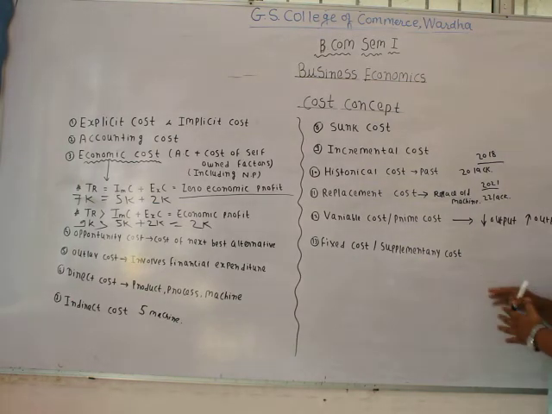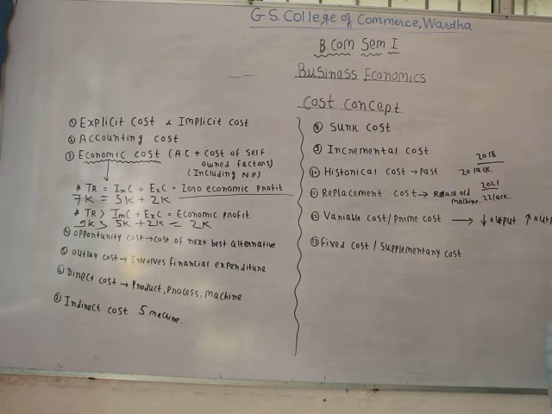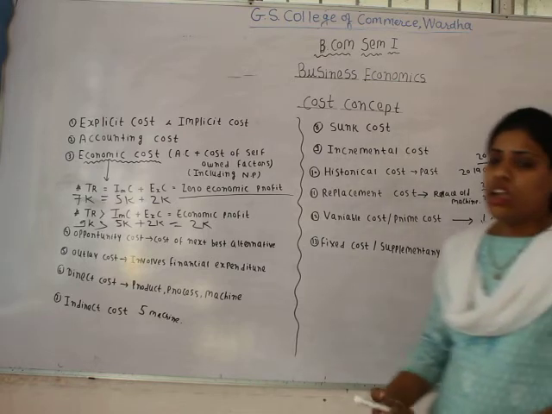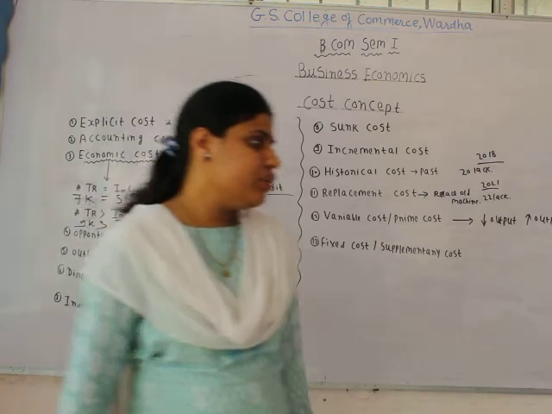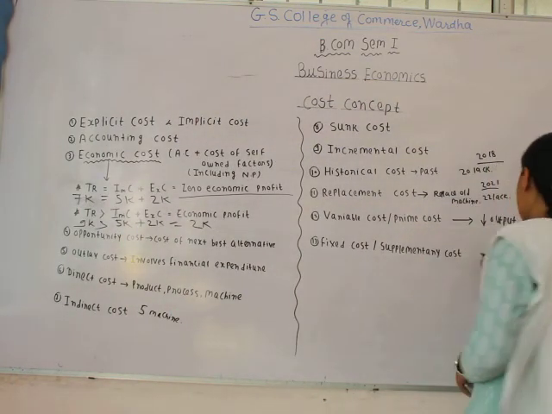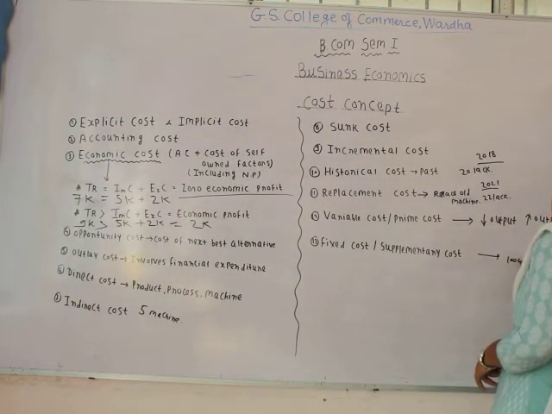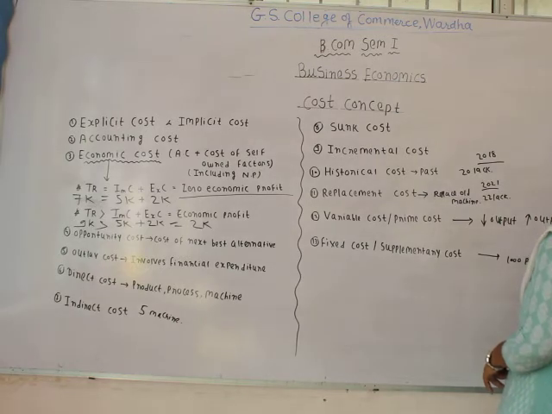When we are talking about fixed cost, it is also known as supplementary cost, and it is not a function of output. It doesn't increase or decrease with the output. Like rent of a factory.